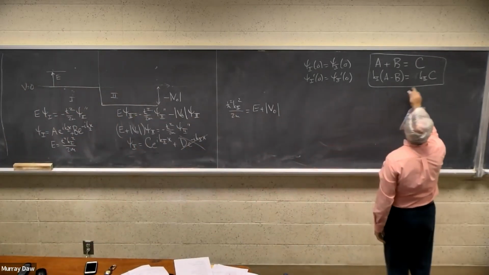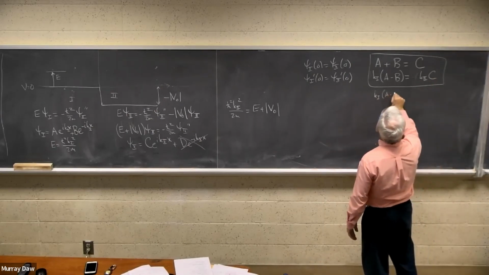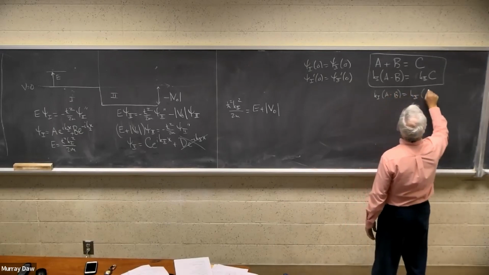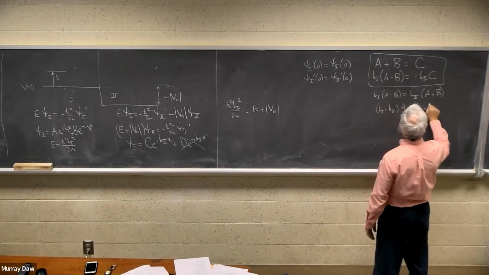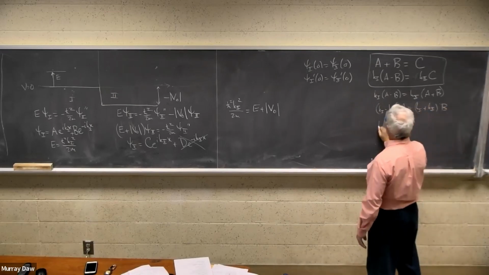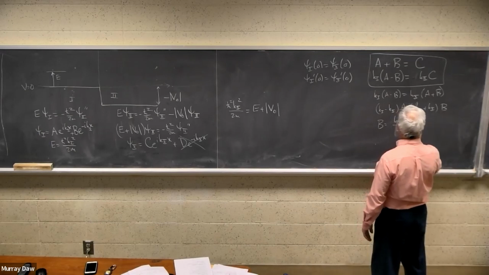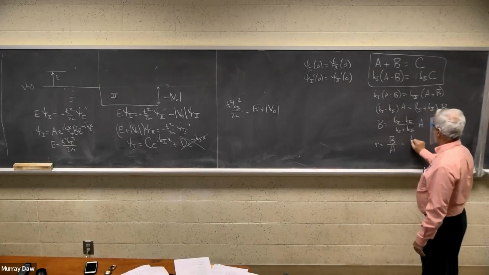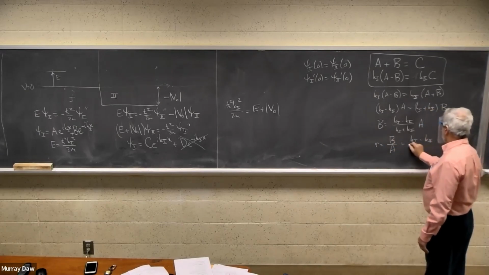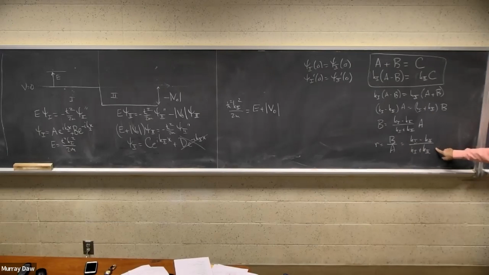So let's try that. Let's solve for B, so let's eliminate C. Okay, so we have K1 minus K2 over K1 plus K2. So B over A is the reflection coefficient, the ratio of B to A. The reflection probability is this squared.